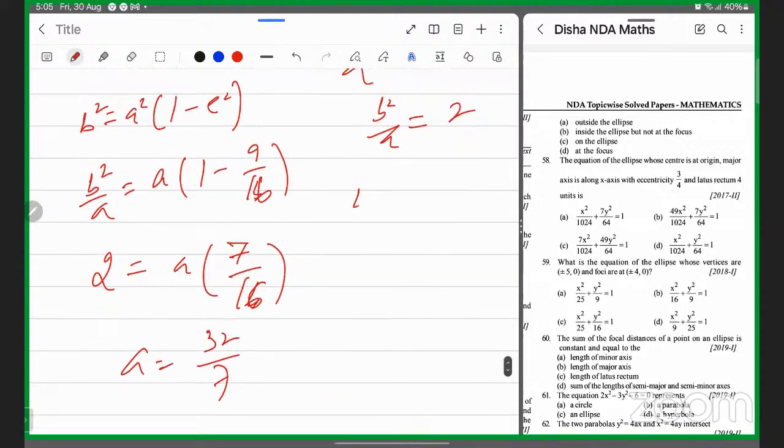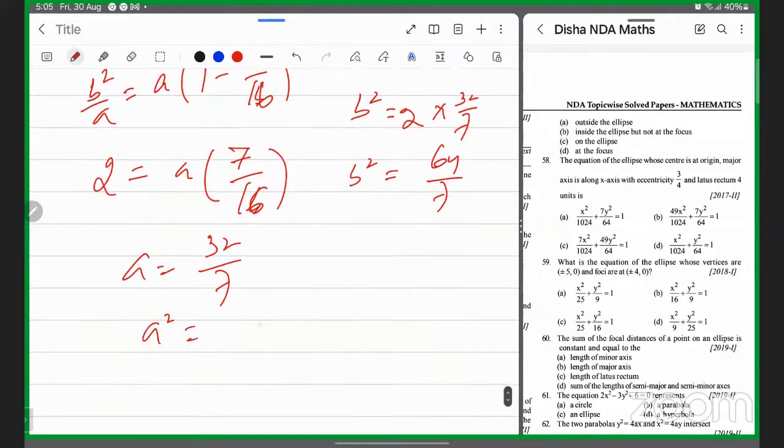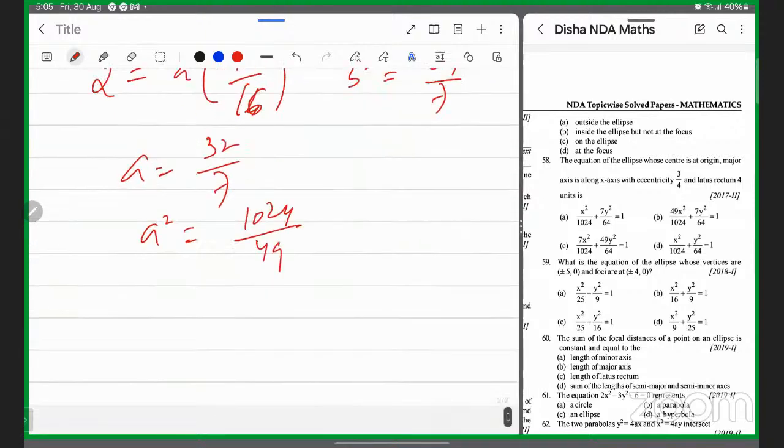Now what will you get? b square equal to 2a, so you get 64/7, and a square is 32 square over 7 square, 1024 upon 49. Any problem?